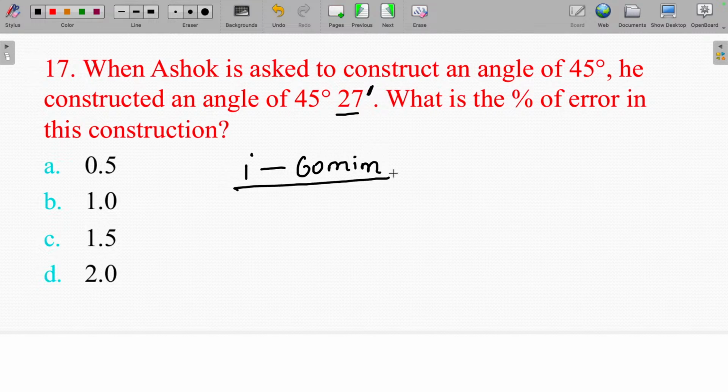Now you try. Try now and tell me the answer.